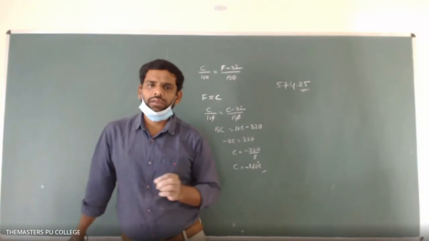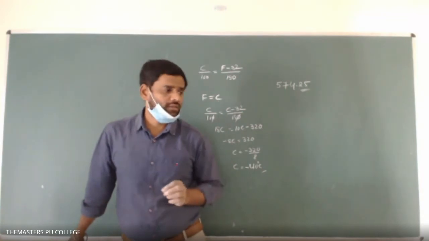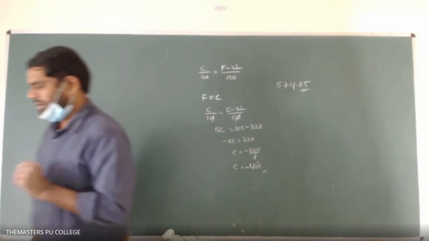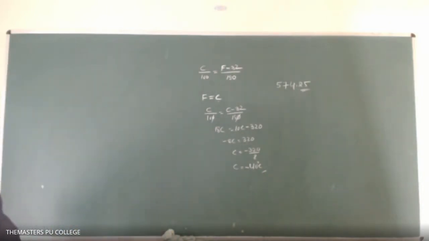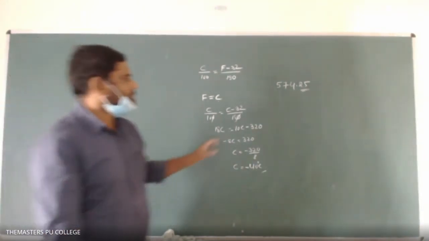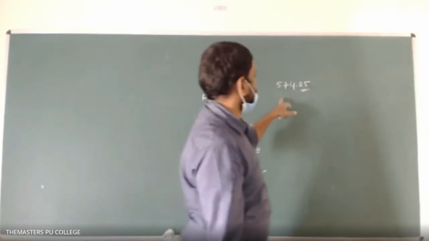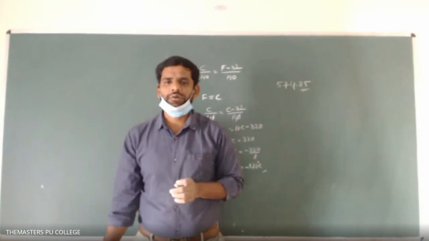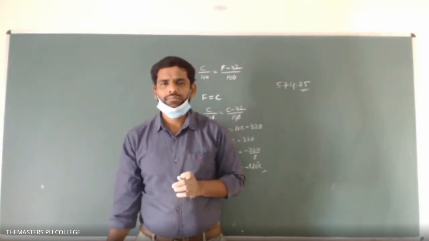Okay, so there is a little calculation, but the concept is clear. So next, note down this problem also. Please note that down. So guys, is that problem clear? All of you got this answer, 574.25? Please respond. Yes, sir.